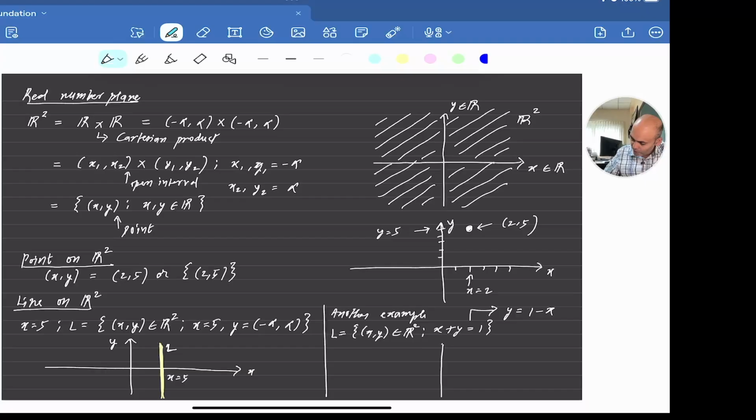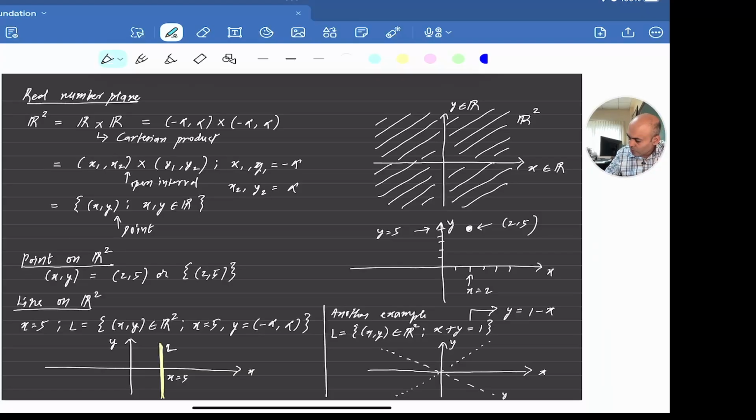and we can represent this line on the real number plane x, y. We know that the line which has an angle of 45 degrees to the x-axis is y equal to x. This is the y equal to x line, and the negative of that has a negative slope.